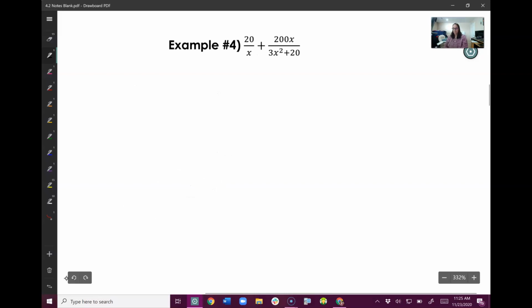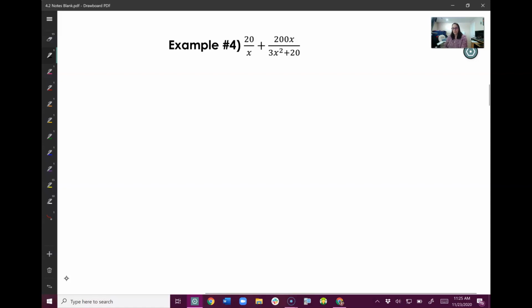Okay, let's try example number 4. So once again, we need to check for any common denominators. This one does not have a common denominator, so we need to make one. So x doesn't really break down to anything. 3x squared plus 20, I can't really break that one down to anything. There's no GCF in that I can take out.